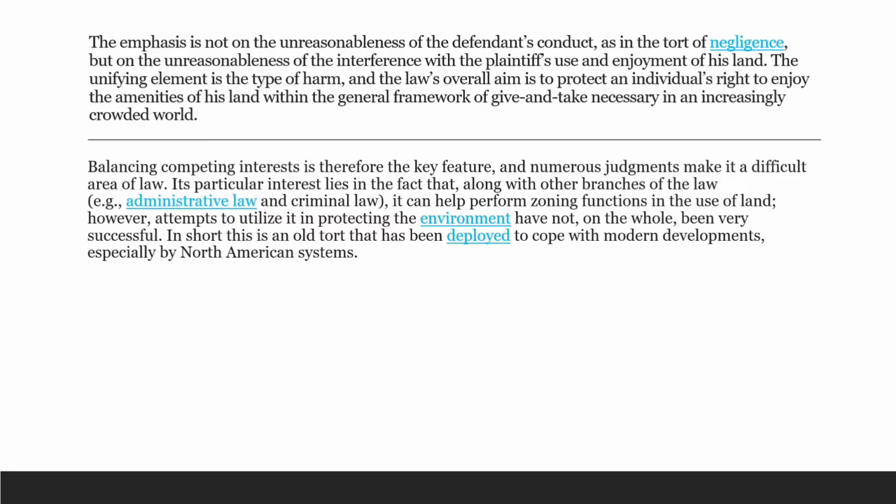Its particular interest lies in the fact that, along with other branches of the law, administrative law and criminal law mainly, it can help perform zoning functions in the use of land. However, attempts to utilize it in protecting the environment have not, on the whole, been very successful. In short, this is an old tort that has been deployed to cope with modern developments, especially by North American systems.